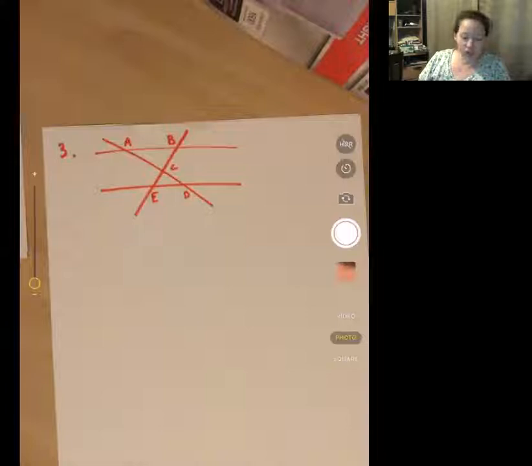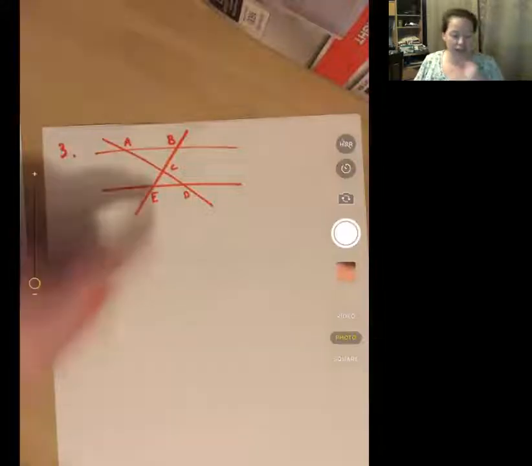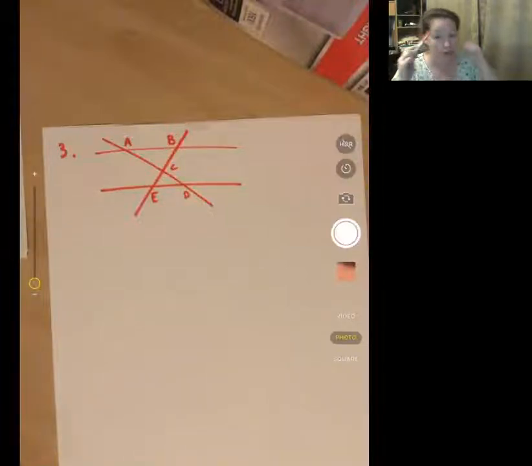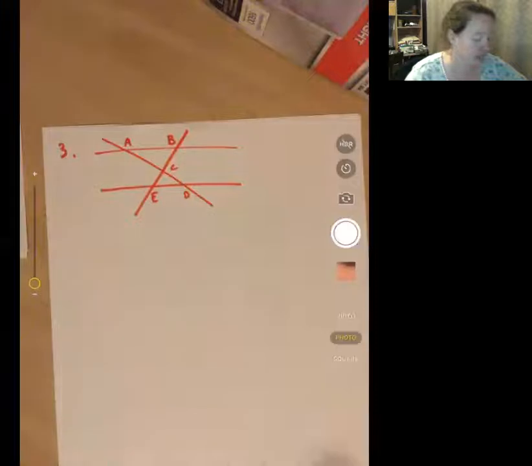But we need to determine whether or not they could be similar from this, and whether or not that's just making it a slightly larger triangle on the top and a slightly smaller triangle on the bottom. So let's talk about our transversals.